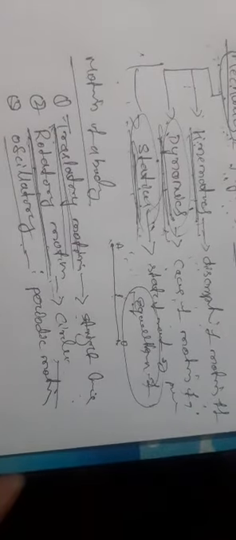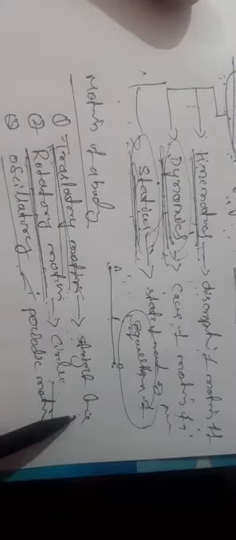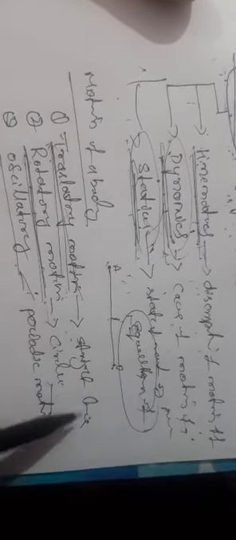This is the classification of the motion of a body, the movement of any body. First is translatory motion, then rotatory motion, then oscillatory motion. Translatory motion means the motion along a straight line. Rotatory motion means the motion along a circular path.